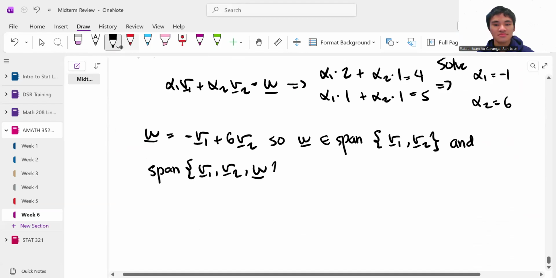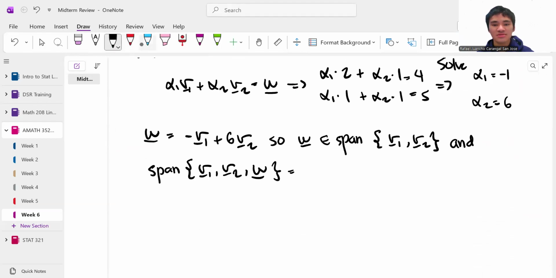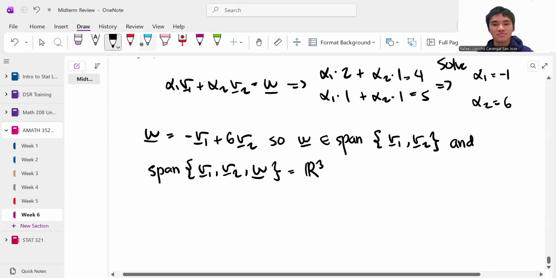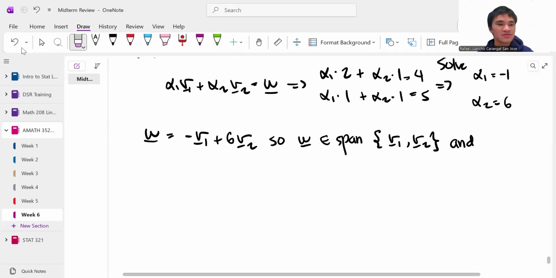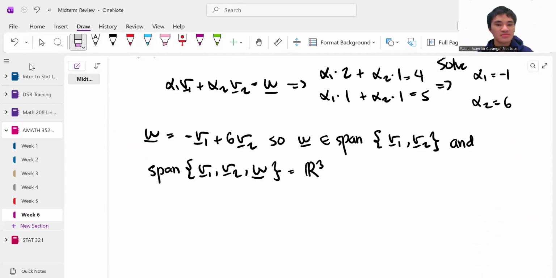Shoot, my bad. No, they're not R3 because they are dependent. Actually, no, that was right. They probably should have a pivot in every row. I'm not going to be surprised if they have a pivot in every row.